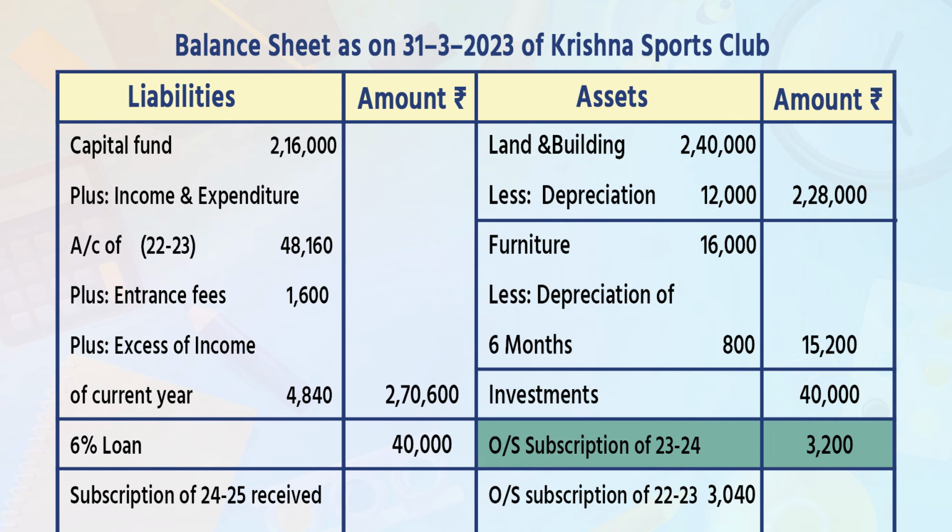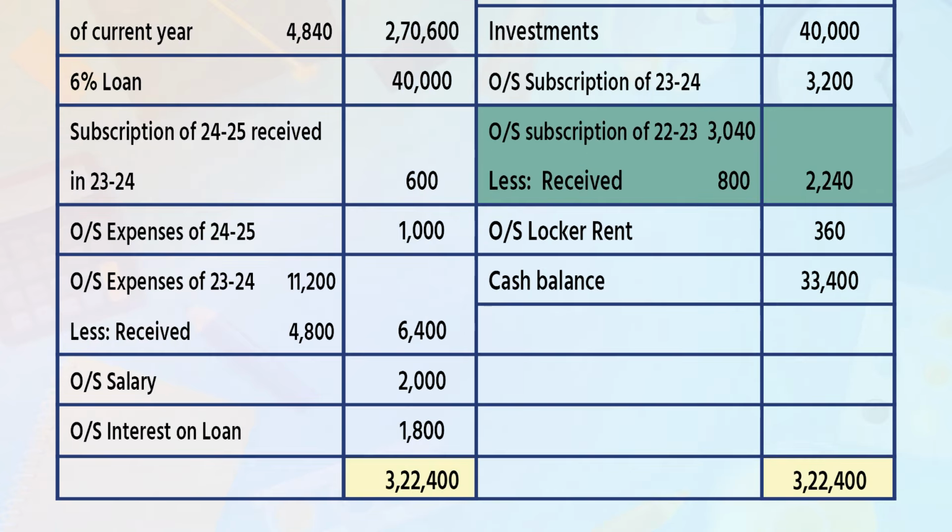Outstanding subscription of 23-24 3,200. Outstanding subscription of 22-23 is 3,040. We have to write down this in inner column. Then deduct received, that is rupees 800. So to the outer column 2,240.